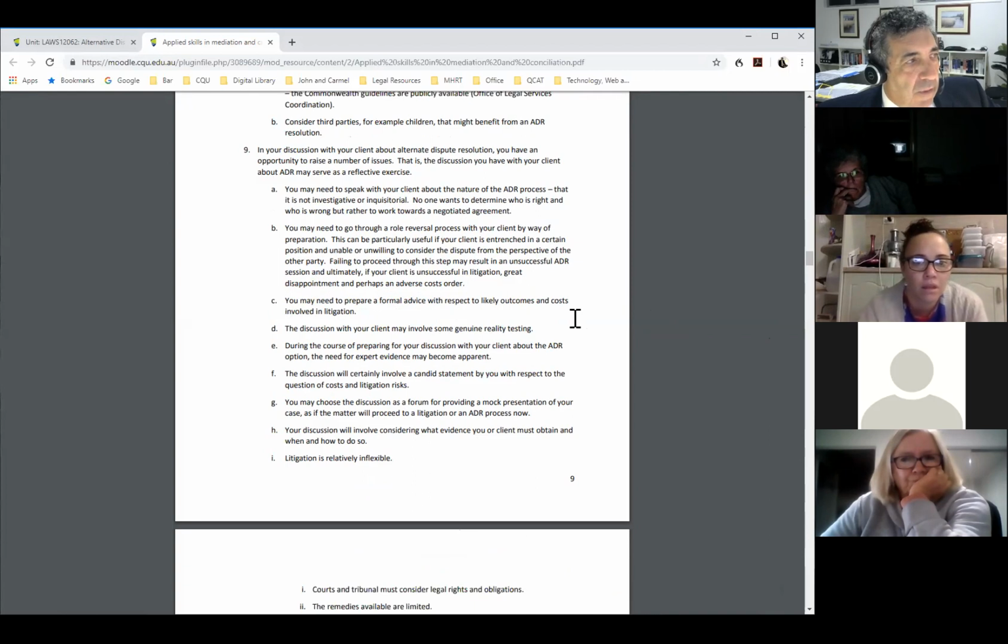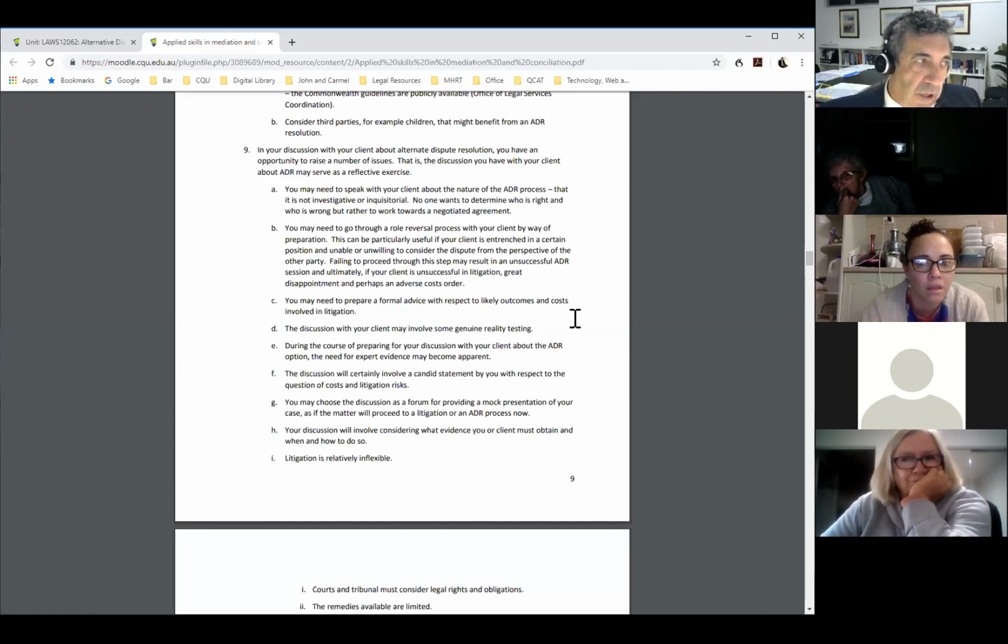So let them know that many of these processes are not investigative or inquisitorial, and it's not necessarily a matter of determining who's right and who's wrong, but rather the overriding philosophy to work towards a negotiated agreement. And that's the sort of thing that you might cover in your opening statement for your mediation or conciliation.